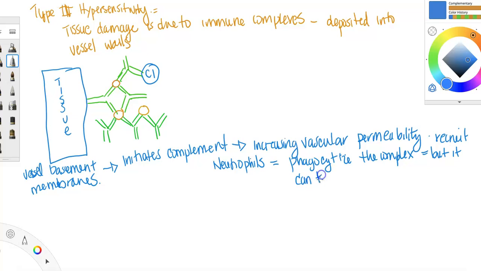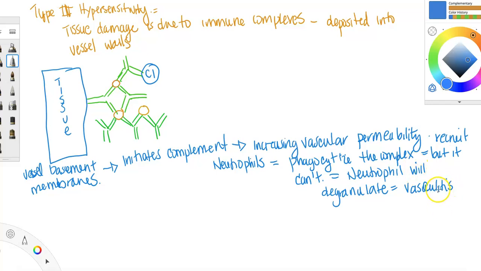It can't eat that. And when that happens, then the neutrophil will degranulate. And that just means it's dumping out all of its granules, causing more inflammation, and you get vasculitis.